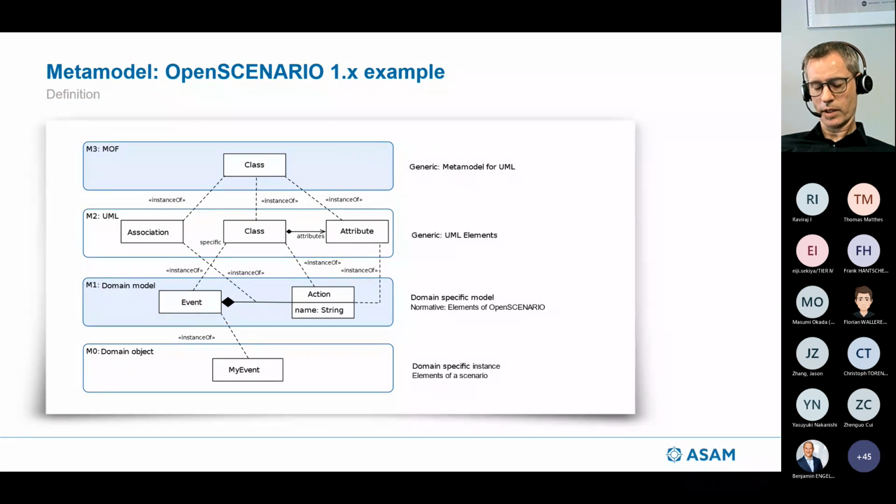The domain object is non-normative, which means that these are the instances of the domain objects, and the domain model just defines the rule how to make the domain objects, or how to validate the domain object.